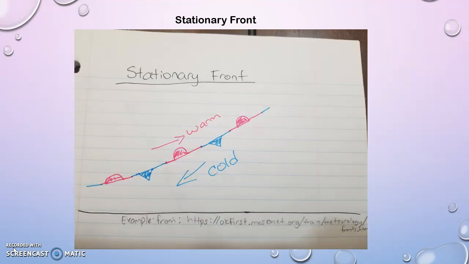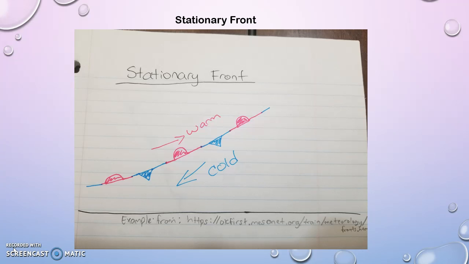Next, we will discuss a stationary front, and this is going to be a front that doesn't move, and when it does move, it's only going to move a small amount. With this kind of front, the air is relatively dry, and there's not going to be any precipitation fall.